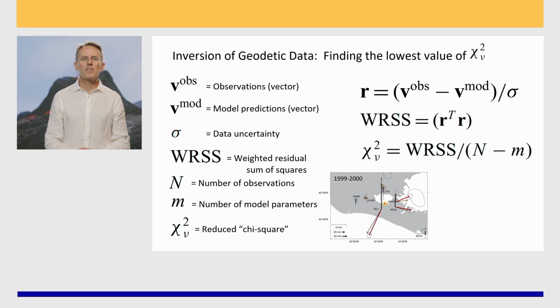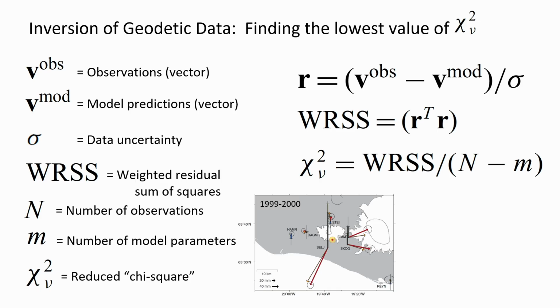For example, in the case of Eyjafjallajökull 1999 to 2000 intrusive episode, shown here again in the small map view, a parameter commonly used is a so-called reduced chi-squared. We need to go through the symbols and the equations shown here to understand it.